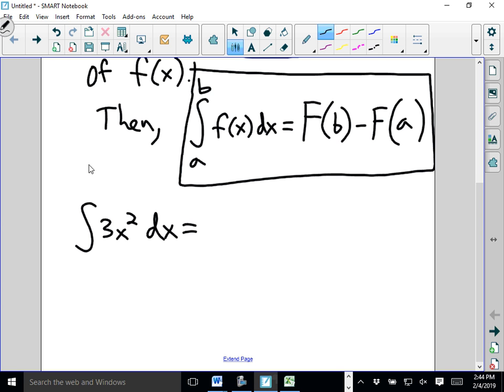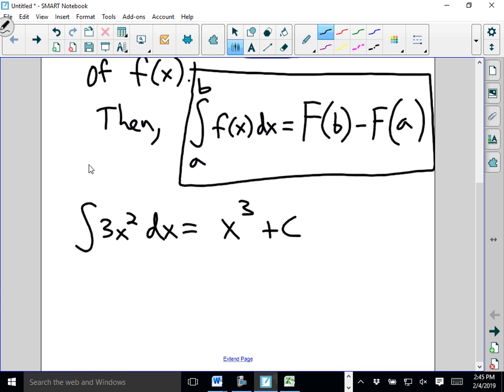I bump the power up to the third, and then I divide my coefficient of 3 by 3, and I get 1. But I have you guys writing this as x cubed plus c. So there are infinitely many functions whose derivative gives us 3x squared. X cubed works, x cubed plus 1 works, x cubed plus 20 works, x cubed minus 5 works.